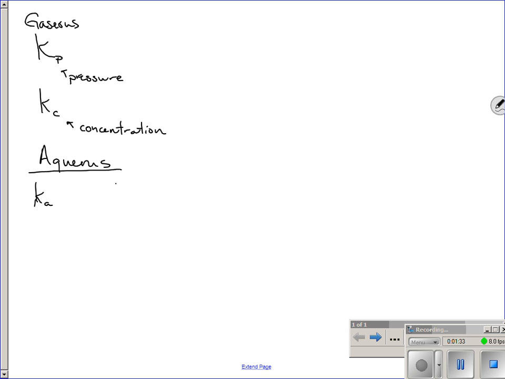Remember that when an acid interacts with water, I'm just going to use HA for my acid. According to Arrhenius, acids make hydronium, and weak acids reach equilibrium, whereas with strong acids, that reaction goes to completion.